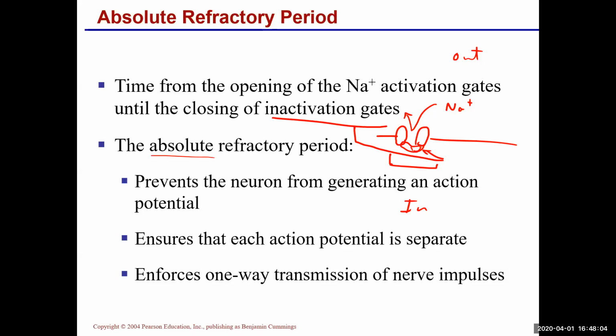And again, it helps the propagation of the neuron go one way. So if we have a nerve, for example, right here, okay, when you have a lot of these sodium channels that are voltage sensitive, if this one is inactivated, and this one is inactivated, now pretend that sodium is going in here, so in here is positive.